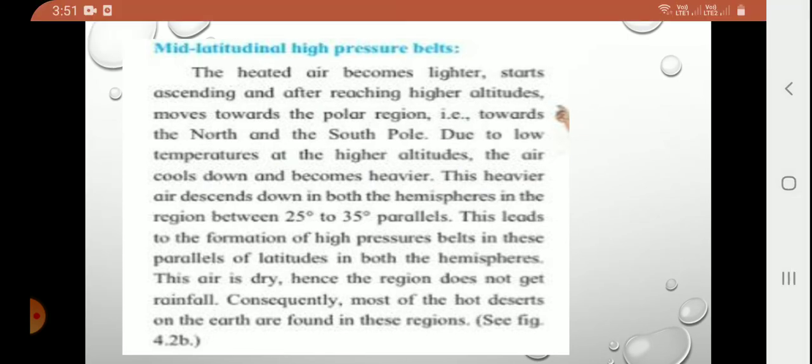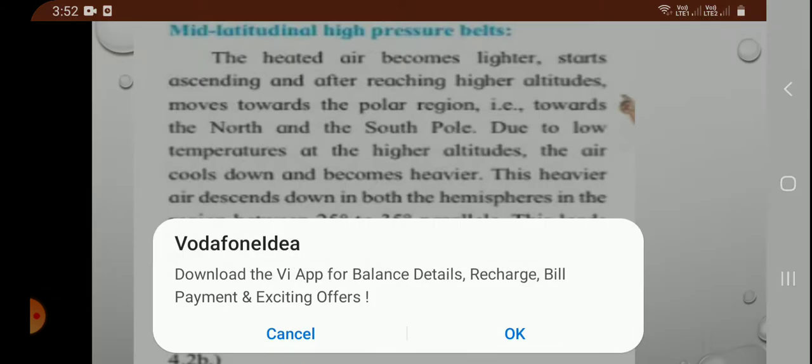Mid-latitudinal high pressure belts. The heated air becomes lighter, starts ascending, and after reaching higher altitudes, moves towards the polar region, pointing towards the north and the south pole. Due to low temperatures at the higher altitudes, the air cools down and becomes heavier.